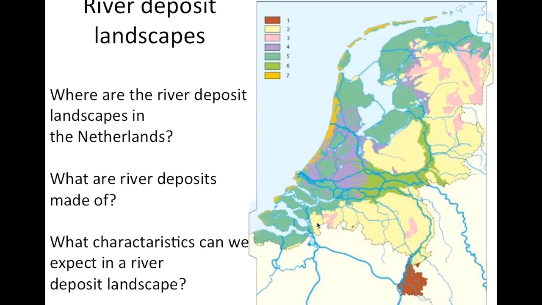On to the river deposit landscapes. Same basic questions. We've covered the dunes, which is the S shape of the Netherlands, the logistic feature. And we've covered the clays, the sands, and the peats.